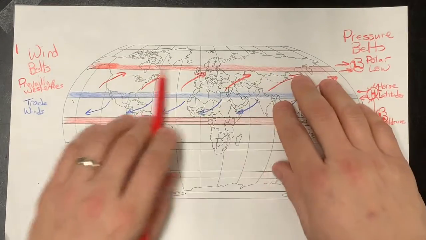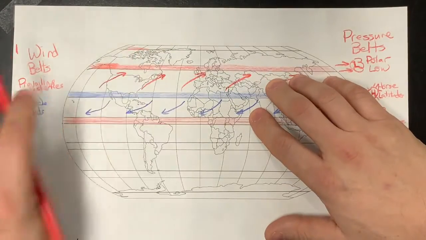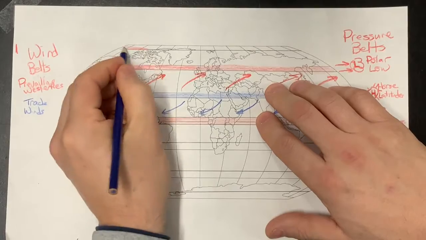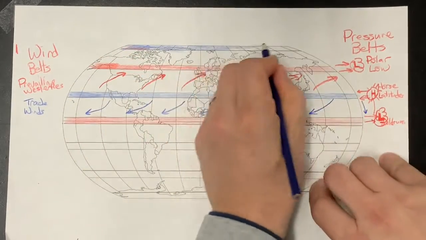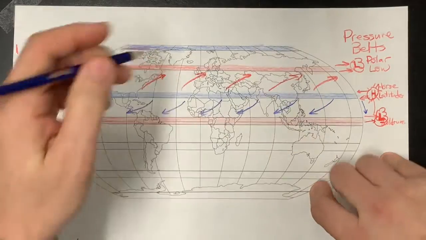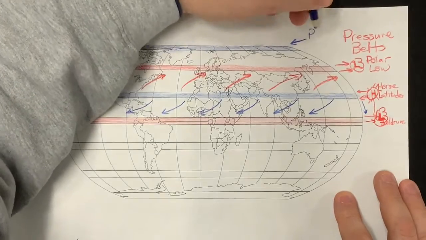Where are we at? Polar low. Around Santa's workshop at the North Pole is another system of high pressure called the Polar High. I want to be blue for that.